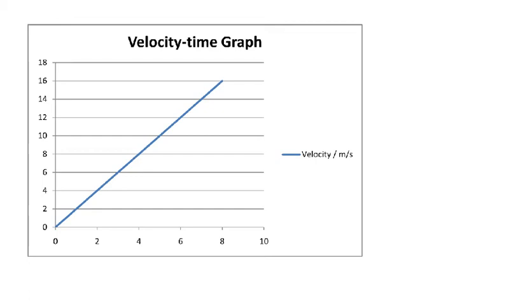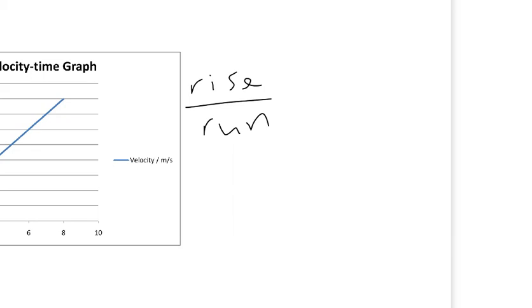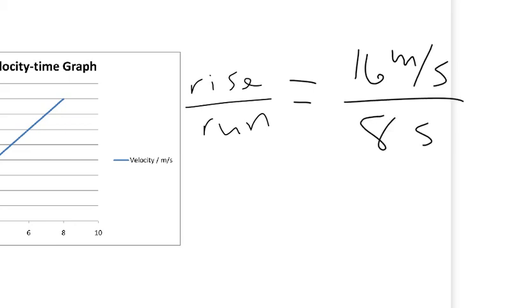So what we have is a rise of 16 and a run of 8. So we're going to say rise over run is equal to 16 meters per second divided by 8 seconds. So in this case, the acceleration equals 2 meters per second squared.